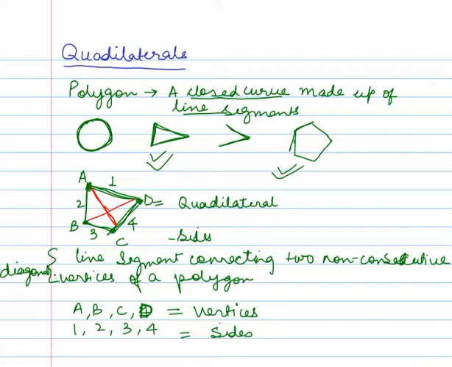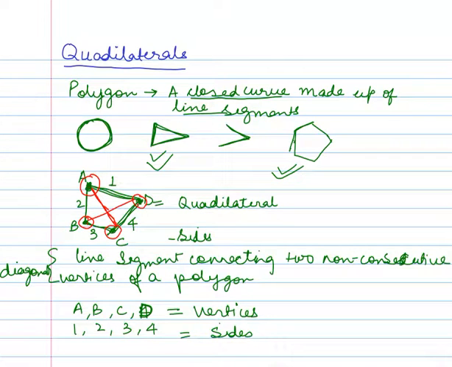Now what is a diagonal? Connecting two non-consecutive vertices. So A and C are two non-consecutive vertices. A and B are consecutive vertices. So if we connect A and C with a line, this red line is called a diagonal. Now again B and D are two non-consecutive vertices of a quadrilateral.